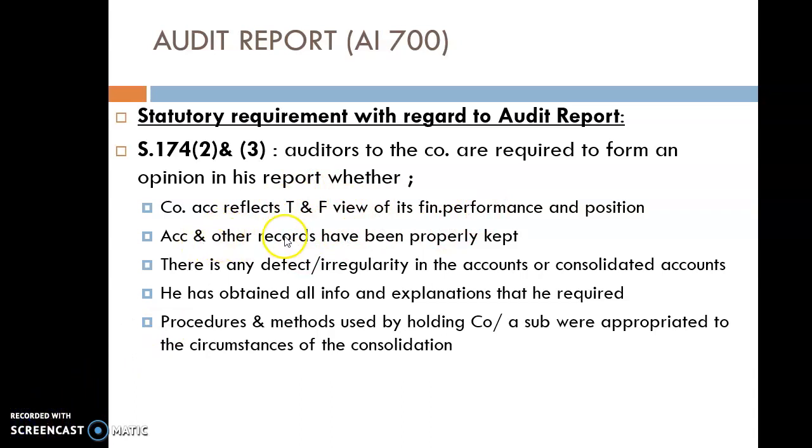Also, whether accounting and other records have been properly kept by the management, and whether there is any defect or irregularity in the accounts or consolidated accounts, so they have to check for any deficiency. And the auditor has obtained all the information and explanation that he required, all the audit evidence. And the procedures and methods used by the holding company or a subsidiary were appropriate to the circumstances of the consolidation.